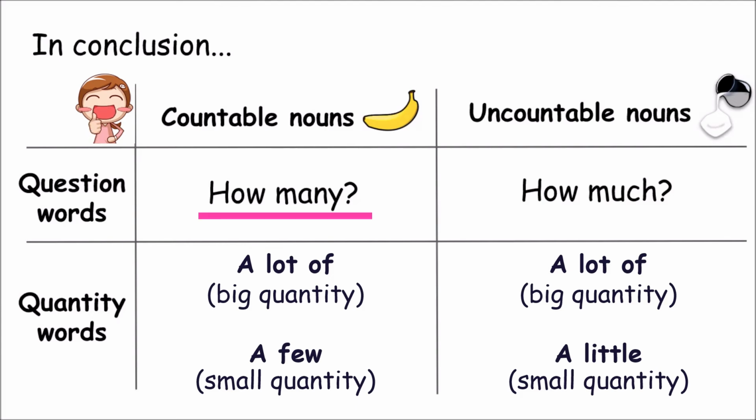And for uncountable nouns, we use how much. To talk about a big quantity, we use a lot of for both countable and uncountable nouns. And when we have to talk about a small quantity, we use a few for countable nouns, whereas a little for uncountable nouns.